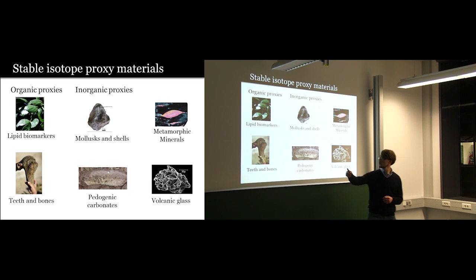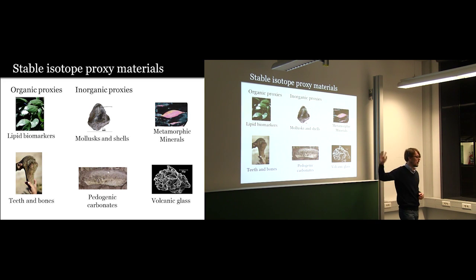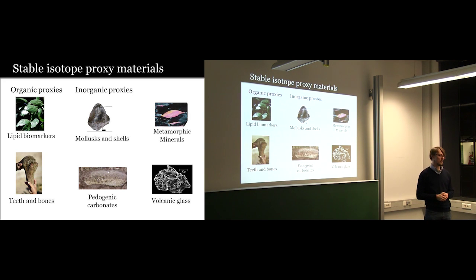But you can also use teeth and bones to reconstruct the environmental water at that time. You can also use metamorphic minerals in fault zones, where meteoric fluid migrating down these fault zones is incorporated in metamorphic minerals. So you have a huge option of proxy materials you can use.